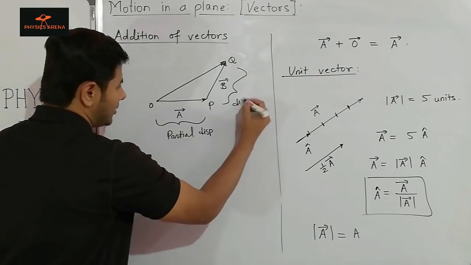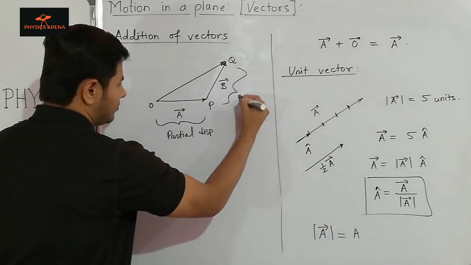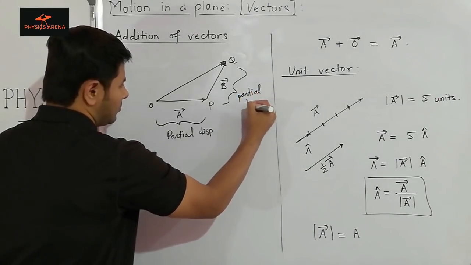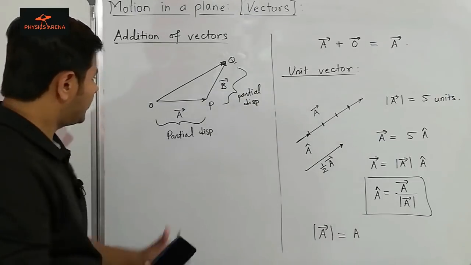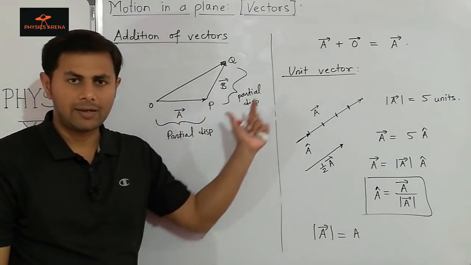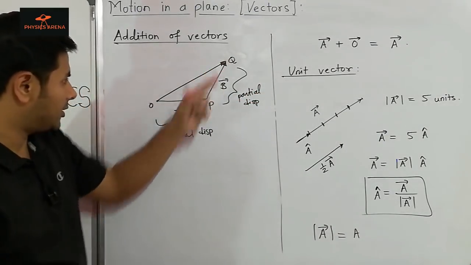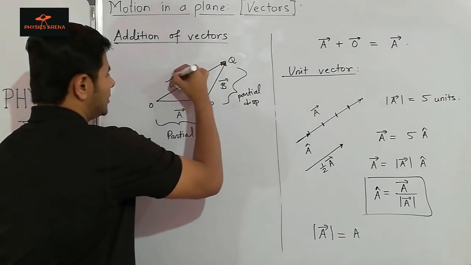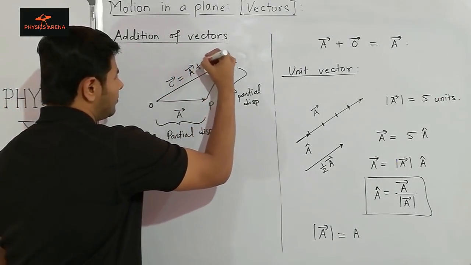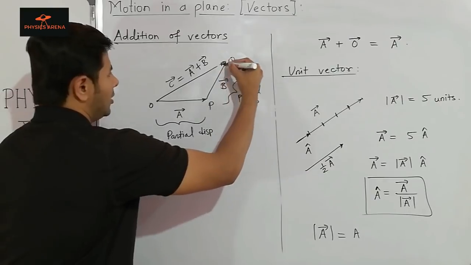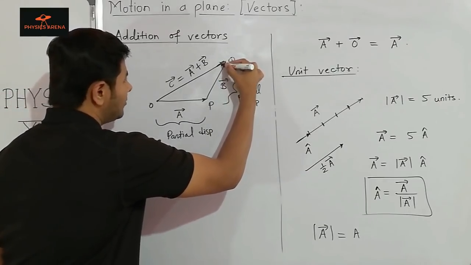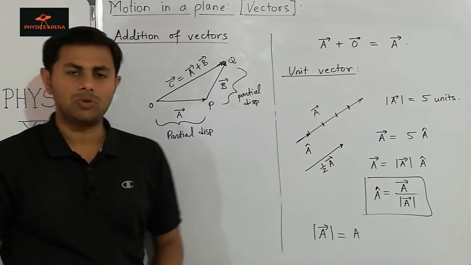So the sum of these partial displacements A bar and B bar gives me this total displacement C bar equal to A bar plus B bar, and that's why now I have a law to add vectors.